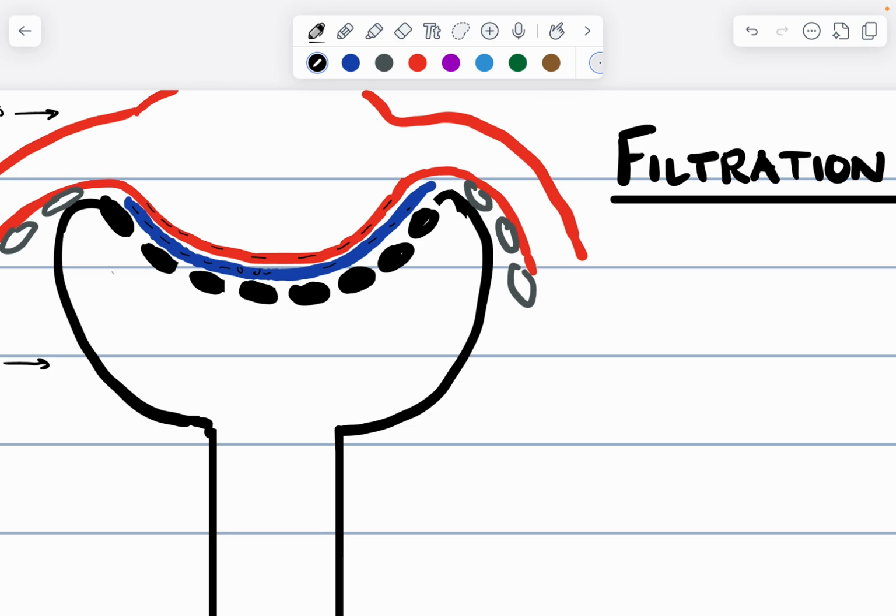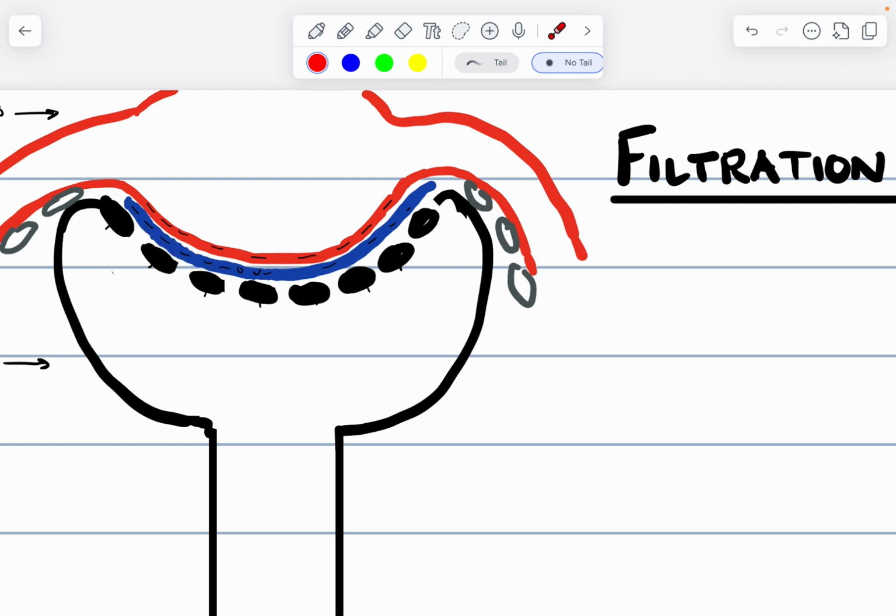Our next part of the membrane that filters will be our podocytes. Podocytes are the outside or visceral layer of the Bowman's capsule, and they encircle the capillary of the glomerulus, as you can see there.